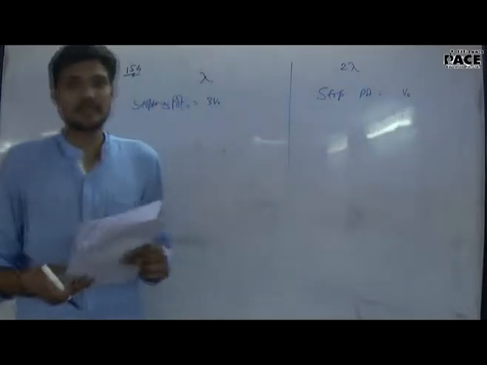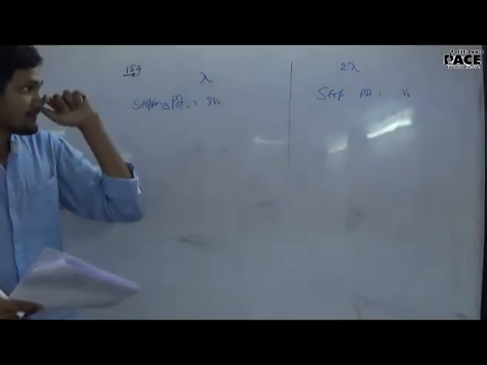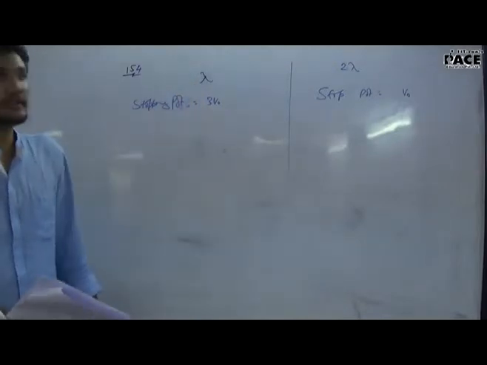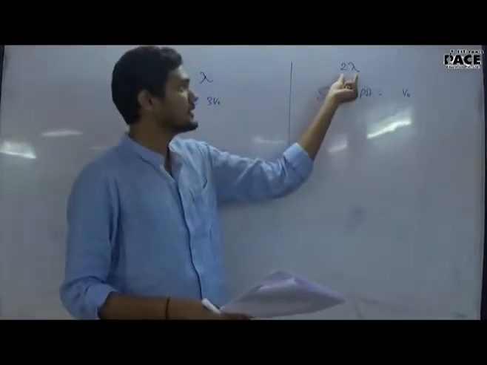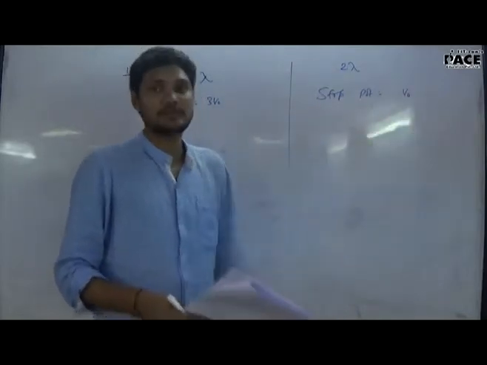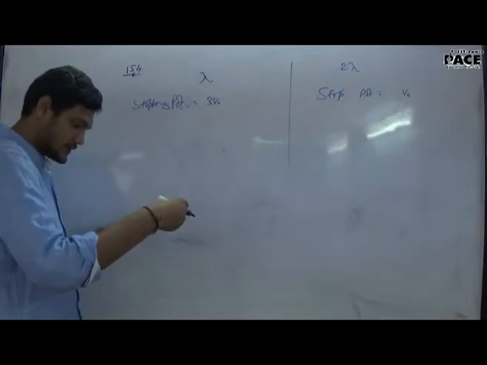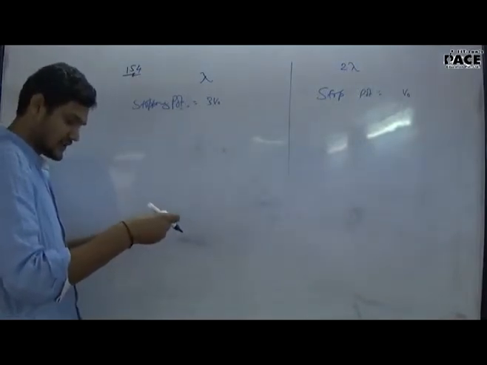If we use the light source of wavelength lambda, the stopping potential comes out to be 3 V naught, and if we double the wavelength, it comes out to be V naught. So we have to find the threshold wavelength of the surface.